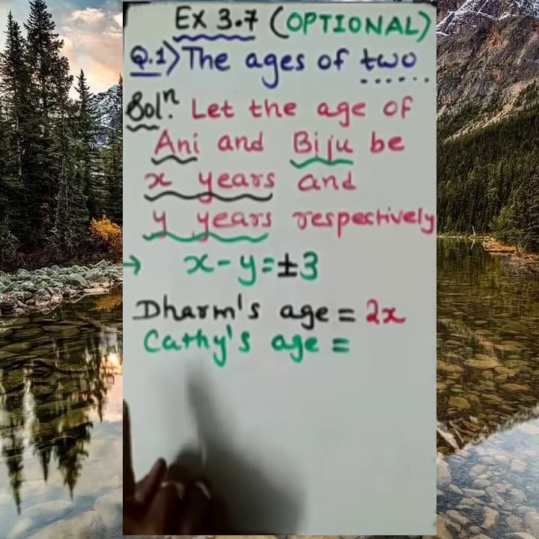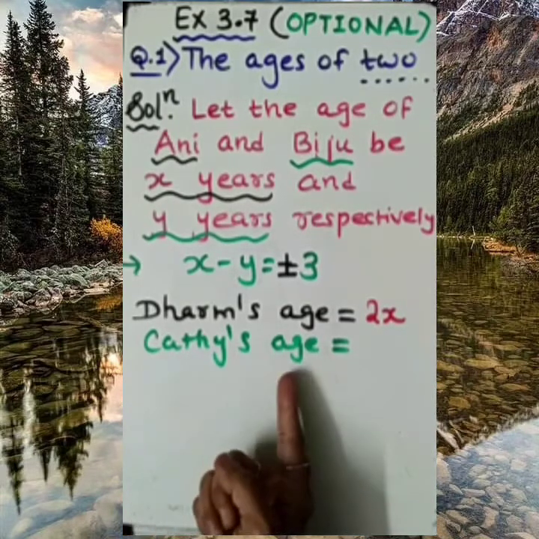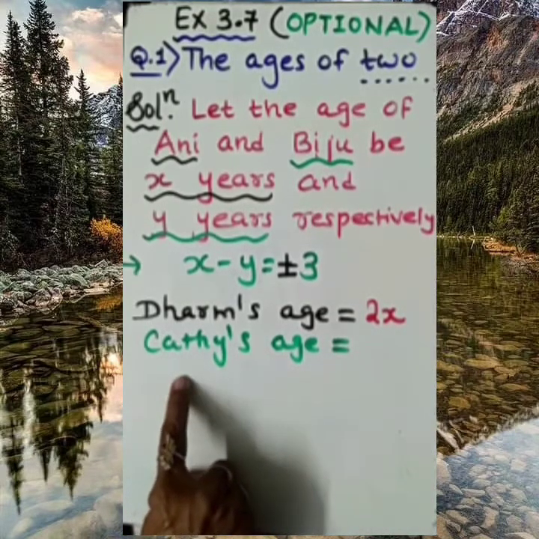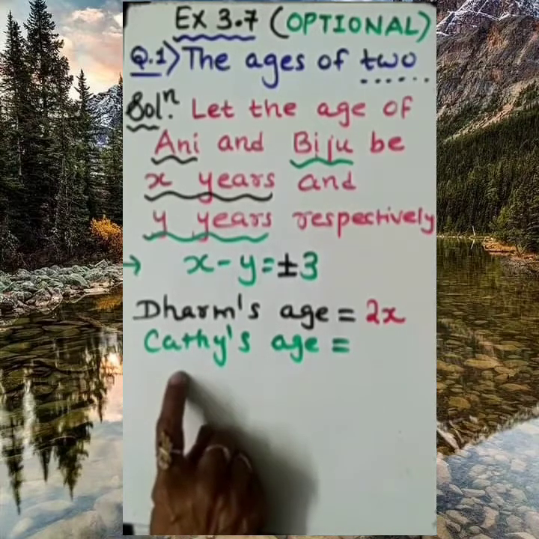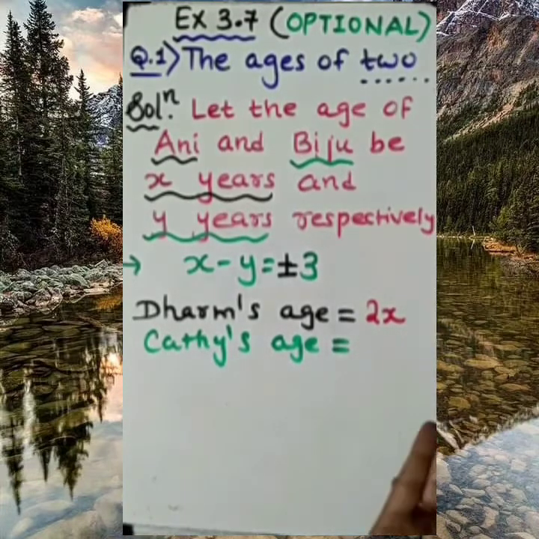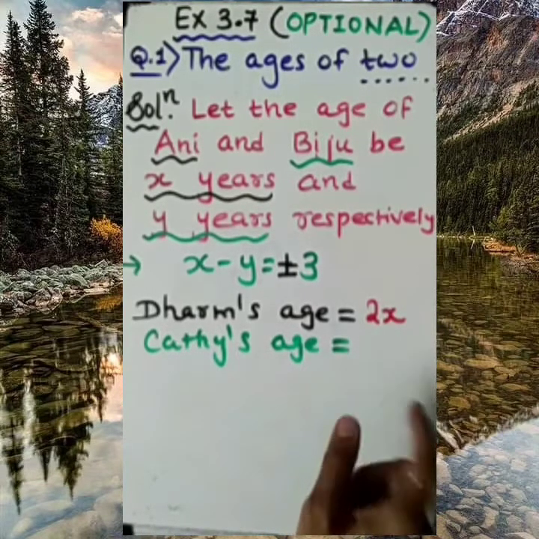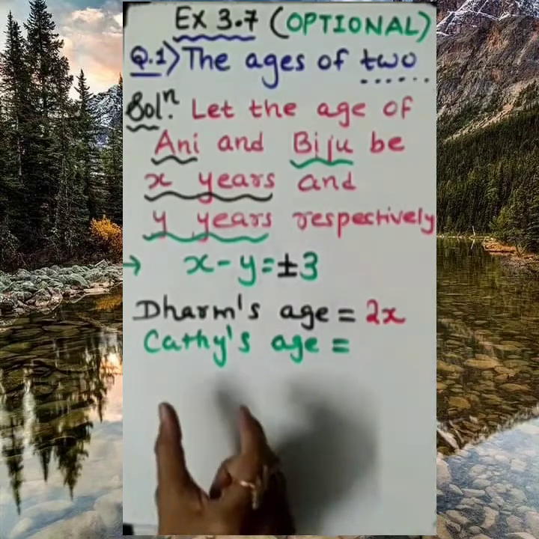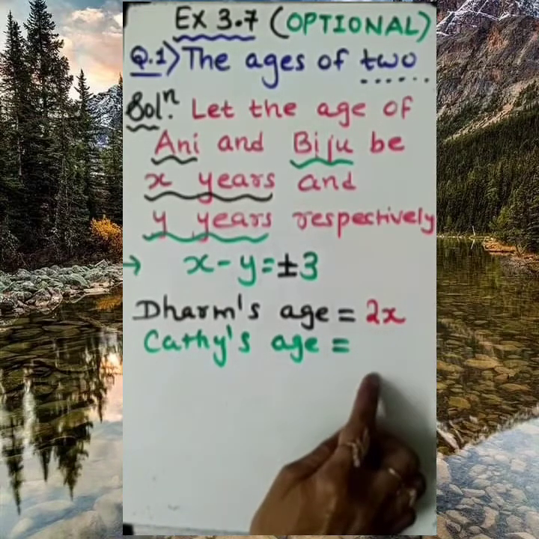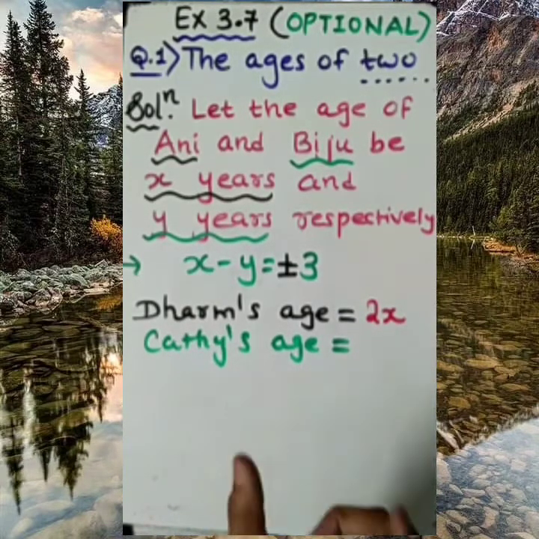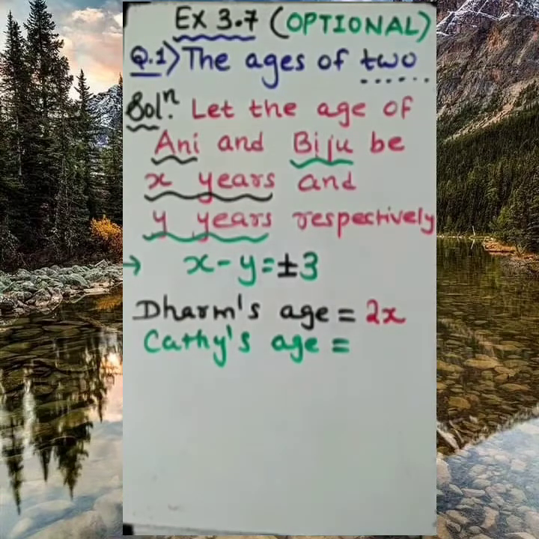Now Biju is twice as old as his sister Kathy. Biju is double Kathy. It means Kathy is half of Biju. Agree? It means that Kathy's age will be half of Biju. Clear to you? Once again, what are we given in the sentence? Here is a little bit of a tricky sentence.